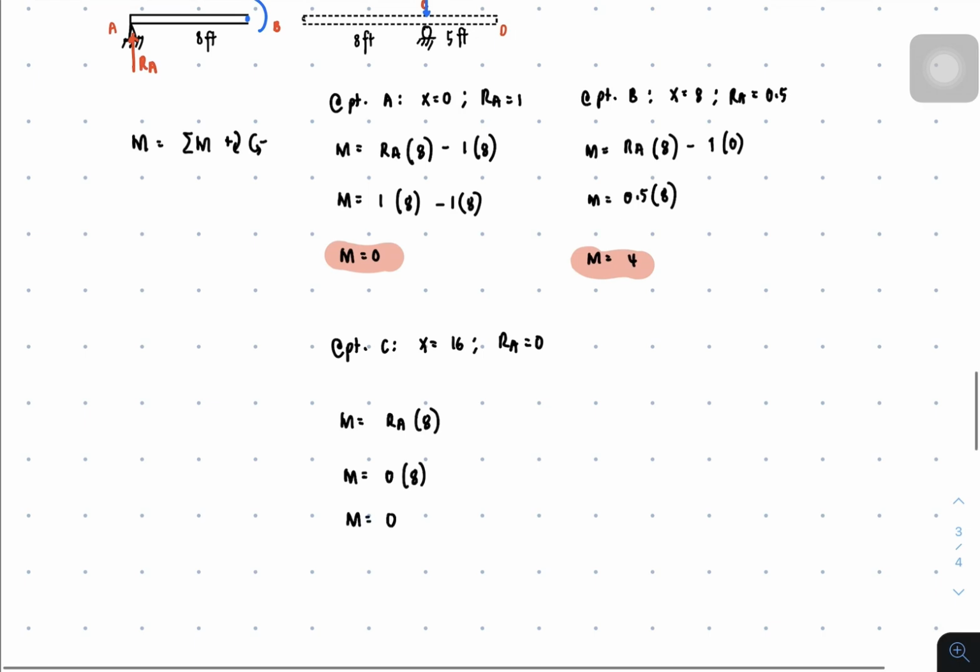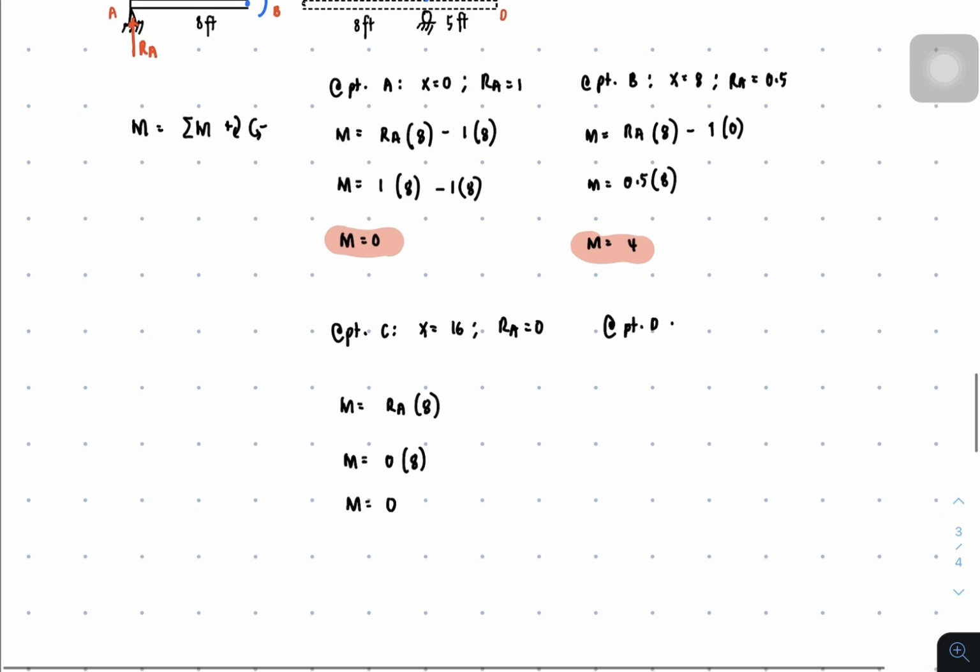And for point D, we have X is equal to 21, then RA is negative 0.3125.